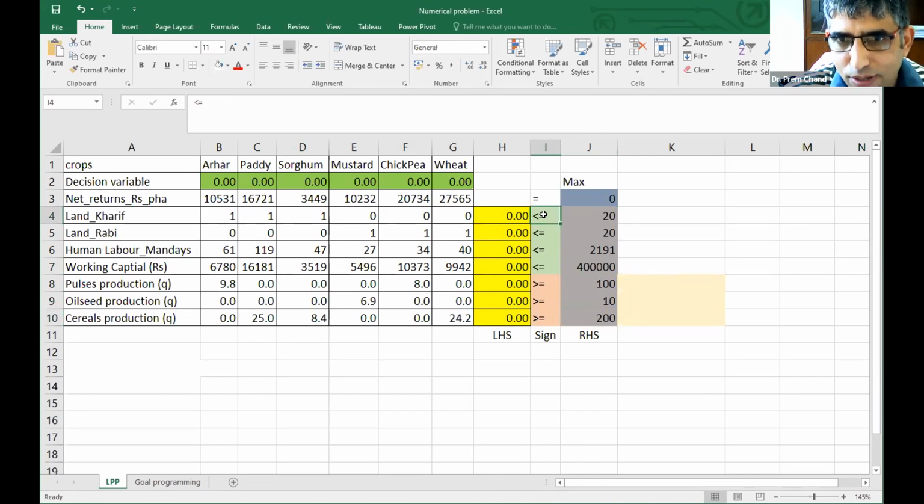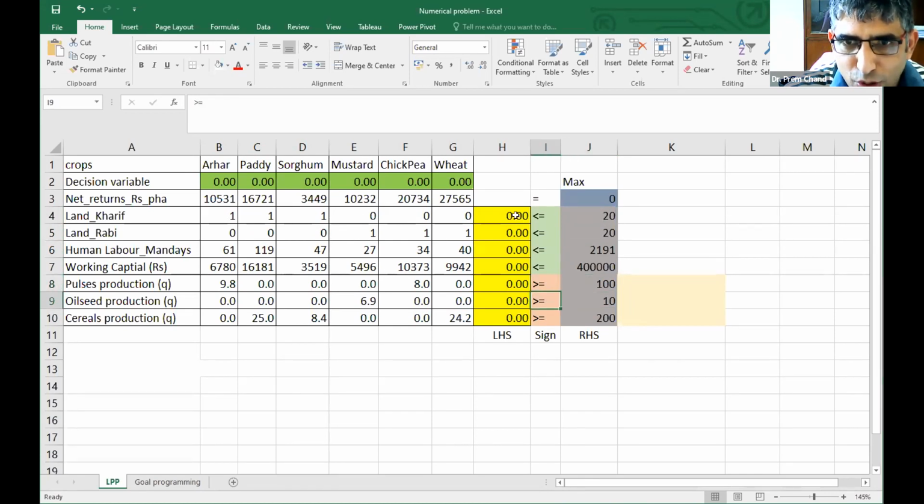You can see symbols here. My land should be less than or equal to 20 hectare. My human labor should be less than this one. Working capital should be less than this one. Pulses should be more than this one.